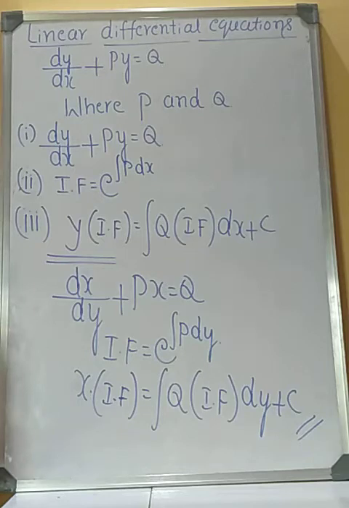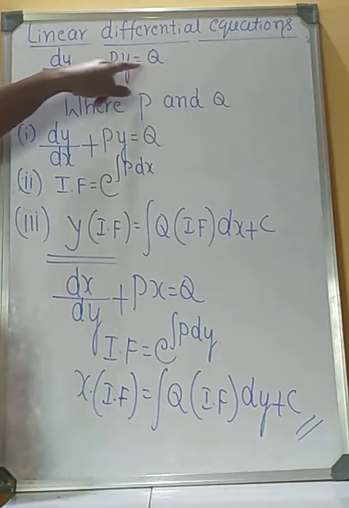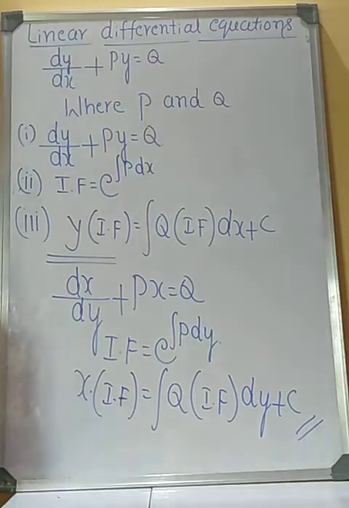So once again, a differential equation of the form dy by dx plus py equal to q, where p and q are constants or functions of x only, is known as a first order linear differential equation.